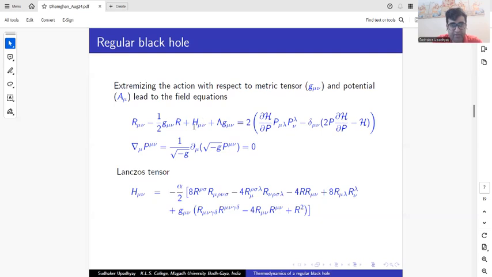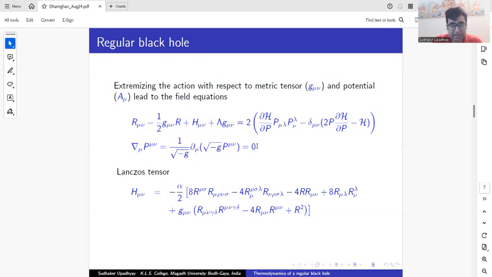H mu nu, which is the Lanczos tensor, is the contribution due to the Gauss-Bonnet term, because you can see there is a Gauss-Bonnet coupling constant in front of these terms. The right-hand side is the electromagnetic tensor term, due to the nonlinear electrodynamics, where the explicit form of H, the structure function, we will consider later in the next slide.